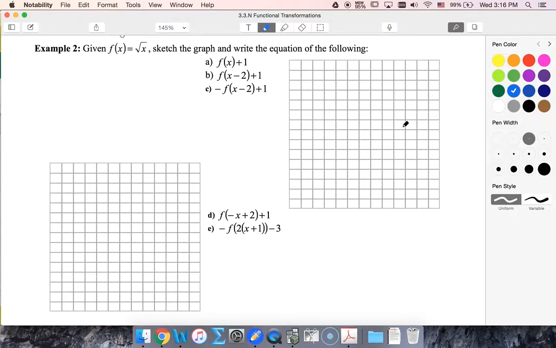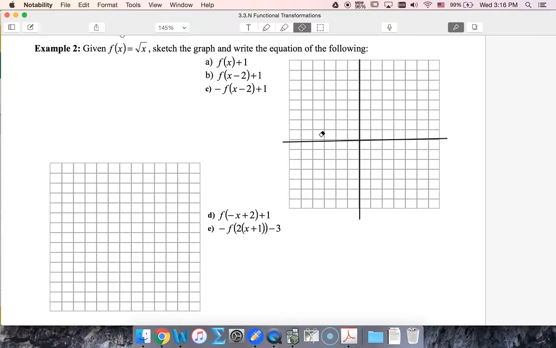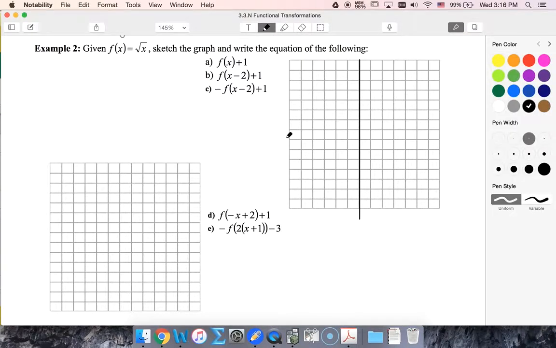So let's start by putting some axes on here. I'm going to go sort of in the middle, and I'm going to put it actually on a line. All right, now I'm going to make this one blue.